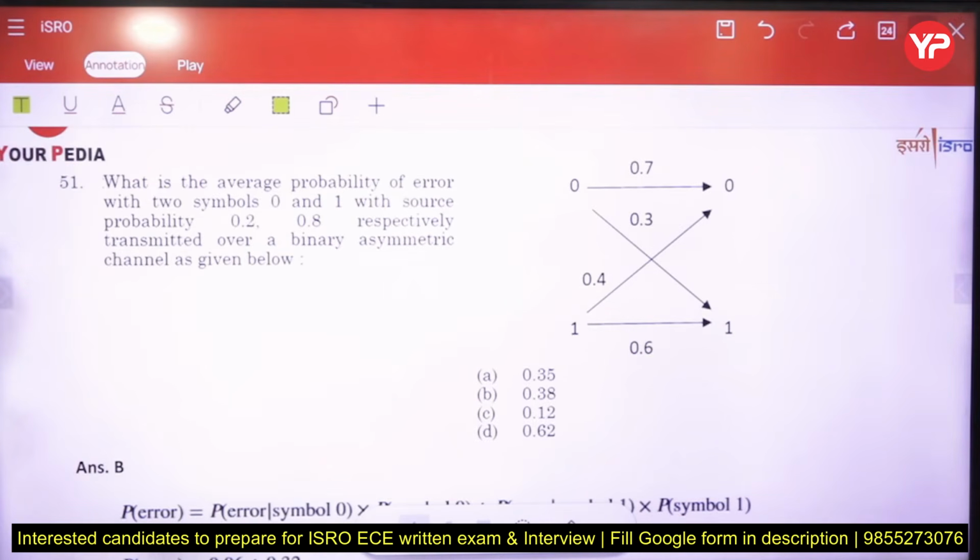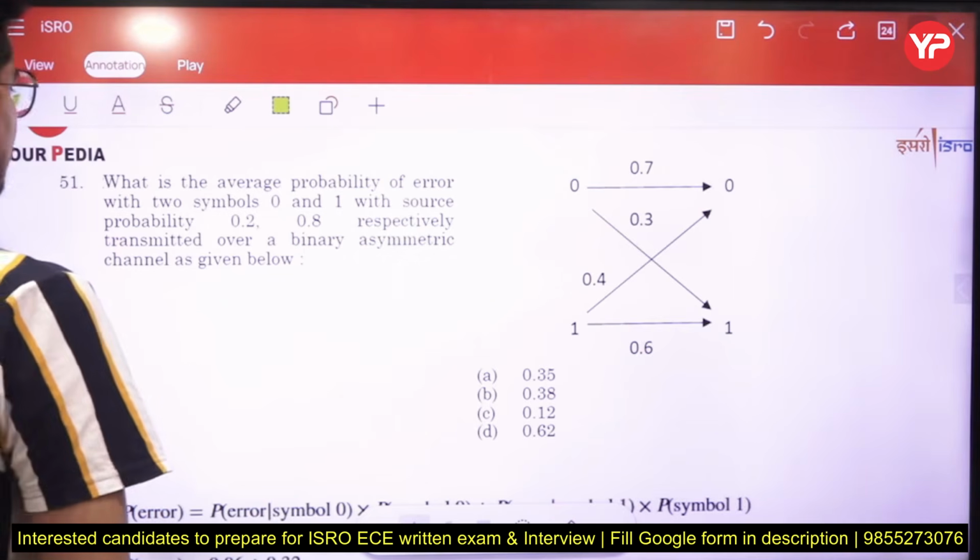Okay, this is a question from communication. What is the average probability of error with two symbols 0 and 1 with source probability 0.2, 0.4 respectively, transmitted over a binary asymmetric channel as shown in the figure? So we have to calculate the probability of error.